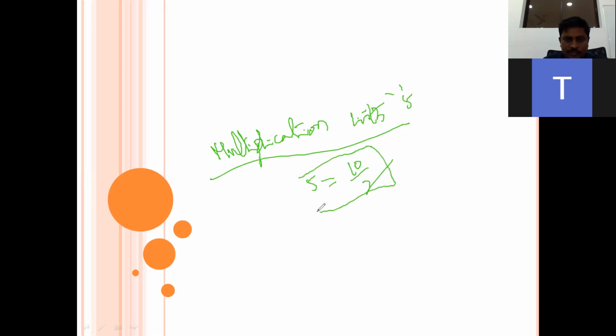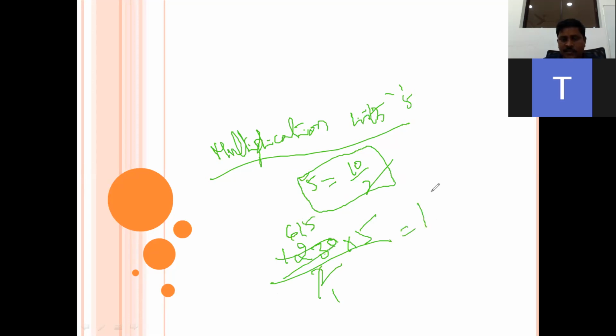For example, 123 into 5. Now you have to see the shortcut way to do this. After this value, write 0 and divide by 2. Multiplication with 10 means after this value write 0, then divide by 2. 2 into 1 is 1, 2 into 6 is 12, 2 into 1 is 2 with carry 1, 10, 2 into 5 is 10. So 615 is the multiplication of 123 into 5.